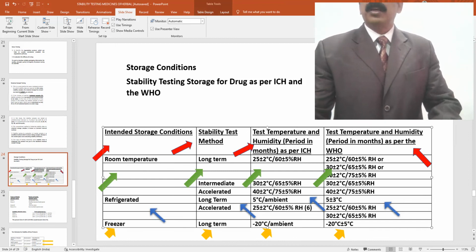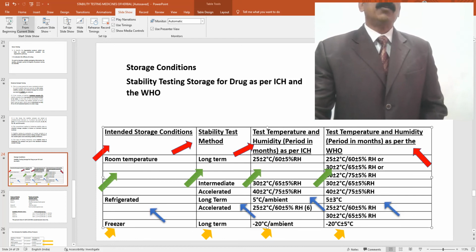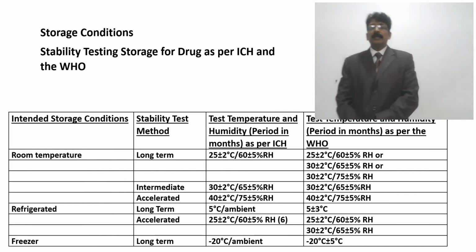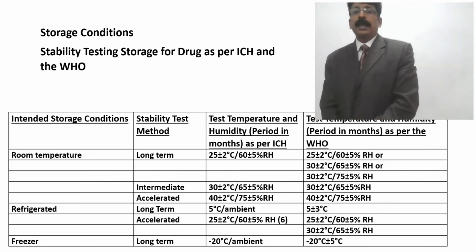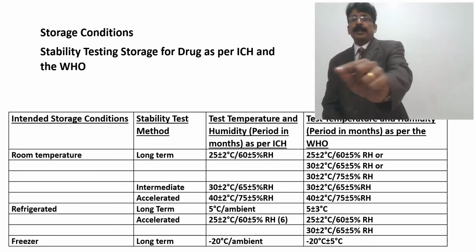Just make it down slightly, and I hope it is possible for you to see. And see here, sorry, that is about WHO, not even the test temperature and the humidity, that is what is slightly hidden.